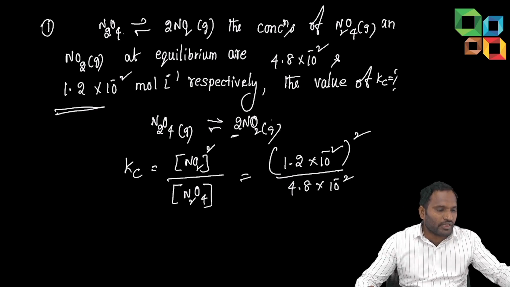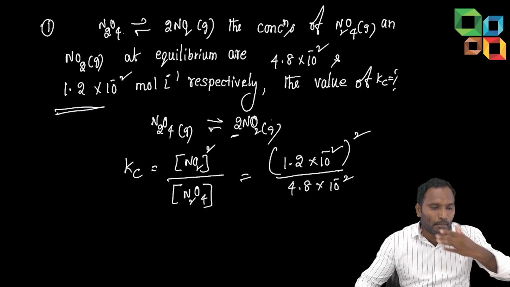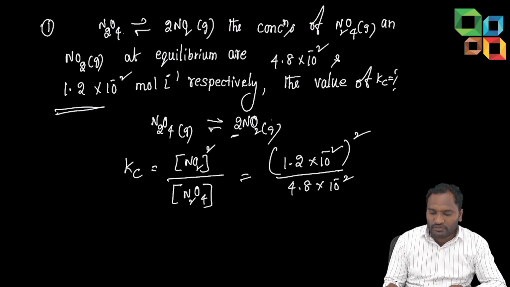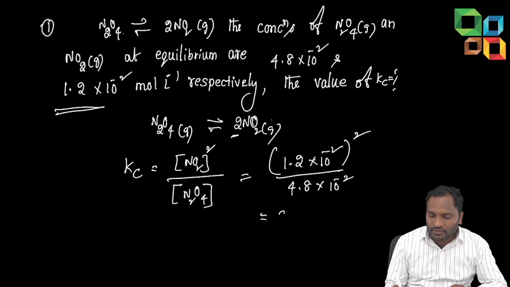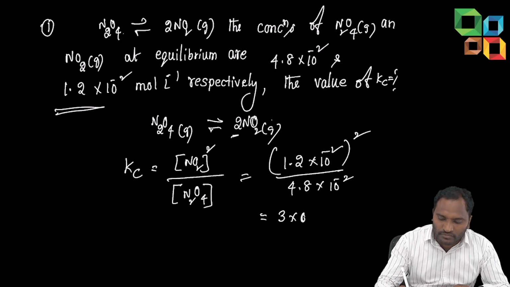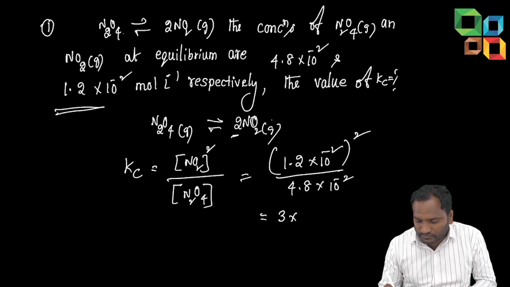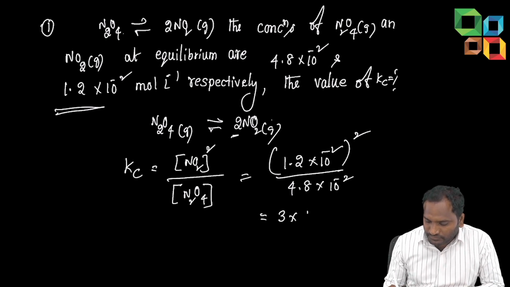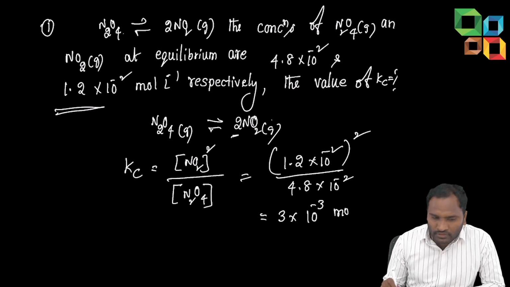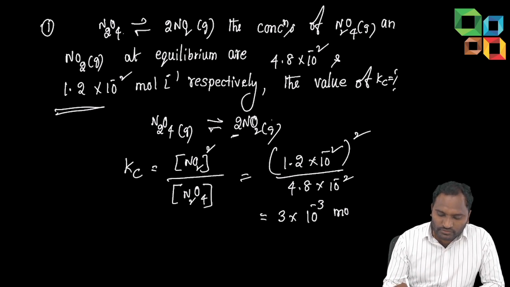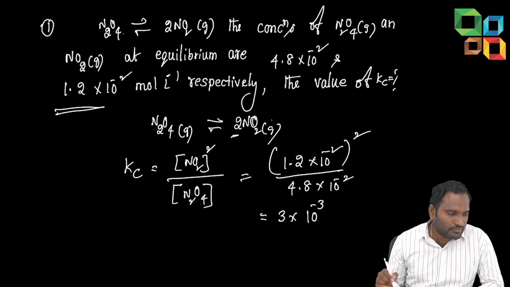Simplification you do, you will get the answer. Otherwise, for timing I will only tell. 3 into 10 to the power minus 3 mole. Kc no unit?